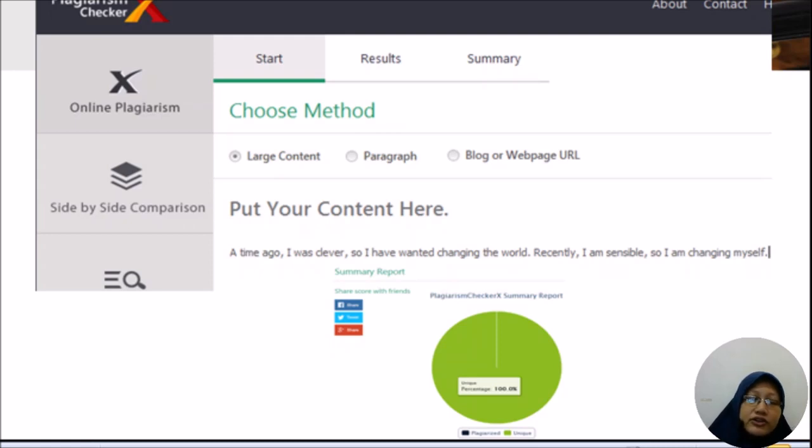So I just try to change the structure and change several words, not all. And you can see here the plagiarism level is 0. So these are some techniques to paraphrase something: change the structure, and change several words.